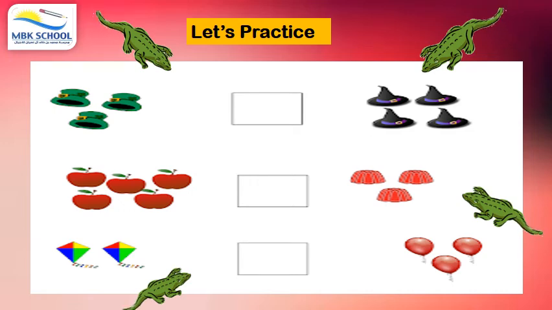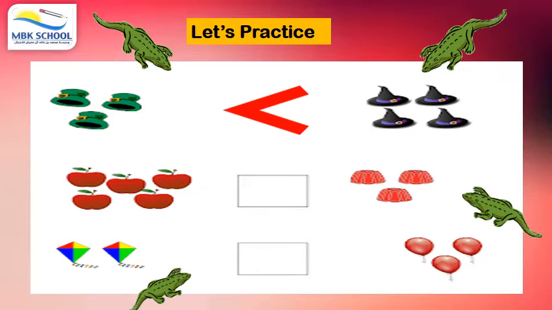But remember, take note that the crocodile always eats the bigger numbers. So the opening of the symbol always goes to the bigger number. So therefore the symbol will be like that. 3 is lesser than 4.